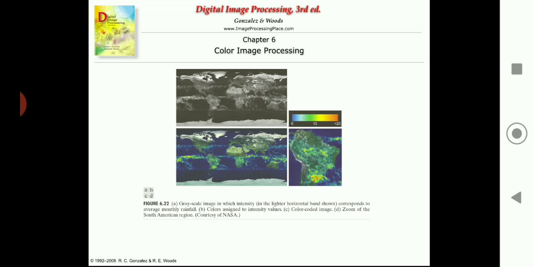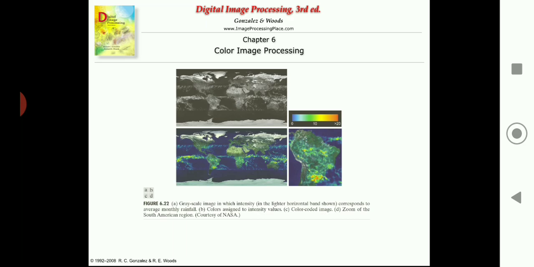Then finally the third example, here we came across the image of rainfall, which was very important. Here we tried to get the data regarding the dense areas, the areas wherein it was quite difficult for human beings to travel.